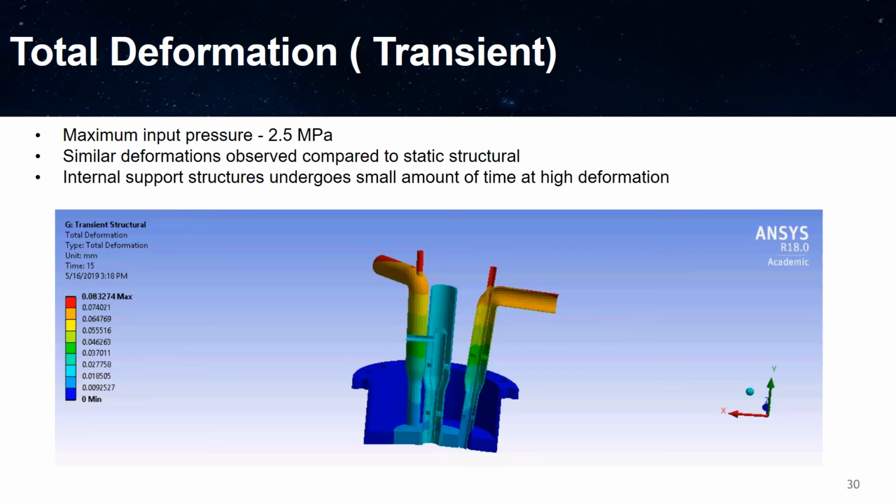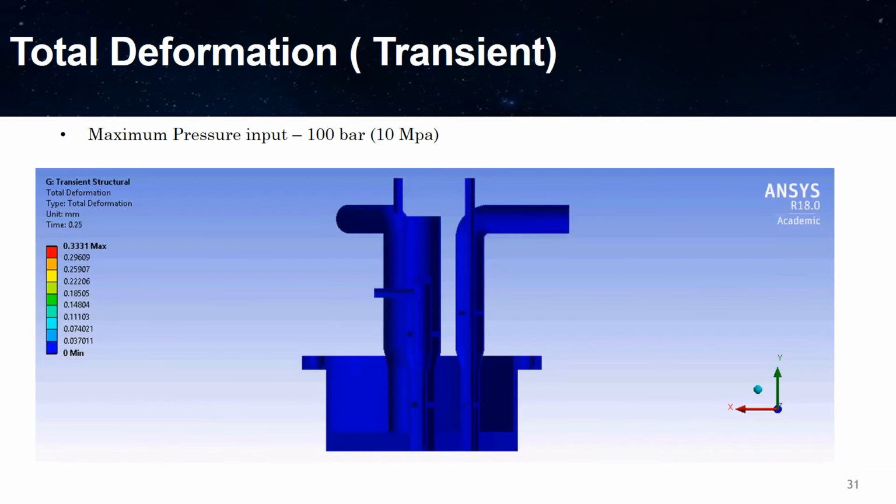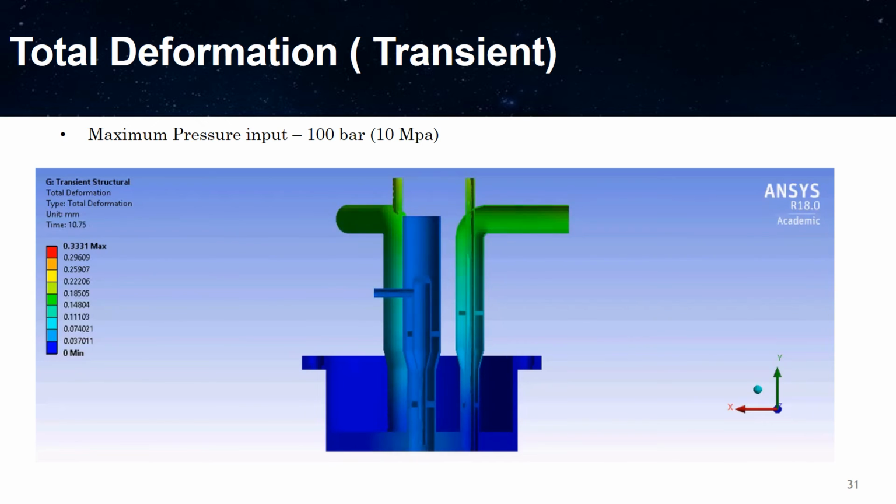Even though they are undergoing a very small amount of deformation, we should still look into reinforcing those structures, because at 100 bar we were looking at around 0.2 millimeters of support structure deformation.